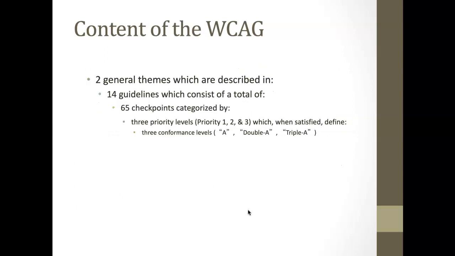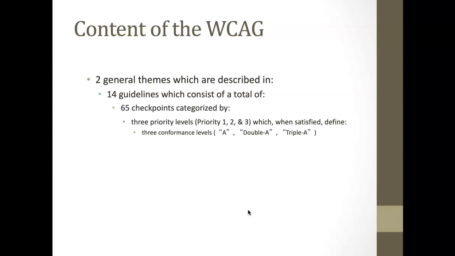All right, so the WCAG itself, the content that exists inside of it, and you can see the link in the W3, which we'll be going through, but I want you to see how this is organized. There are two general themes, and those general themes have guidelines, which have checkpoints, and the checkpoints are in 3 different levels: 1, 2, and 3.